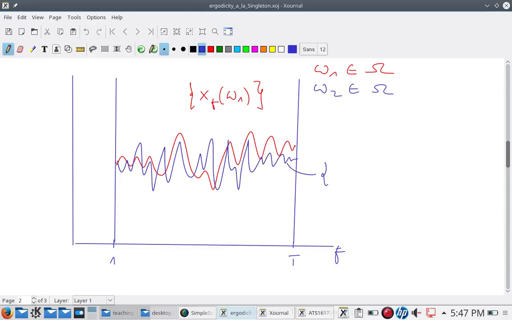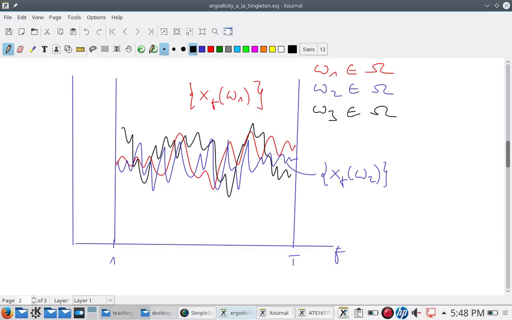Again, a realization of a random vector, which I denote in the curly brackets x_t, is a function of omega 2, like this. And maybe a third one, so we have omega 3, another draw from the sample space omega, and maybe this time I get something like that. Okay.